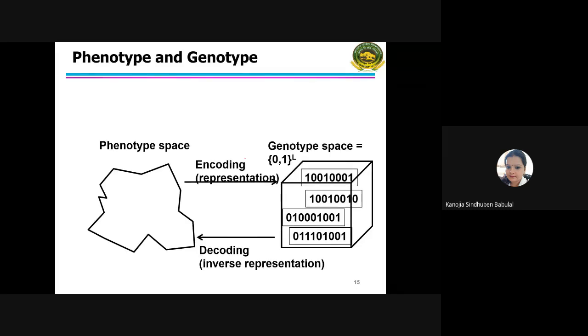Before I go into the details of that encoding scheme, there are two very important terms in genetic algorithm: phenotype and genotype. This is how we can understand it.